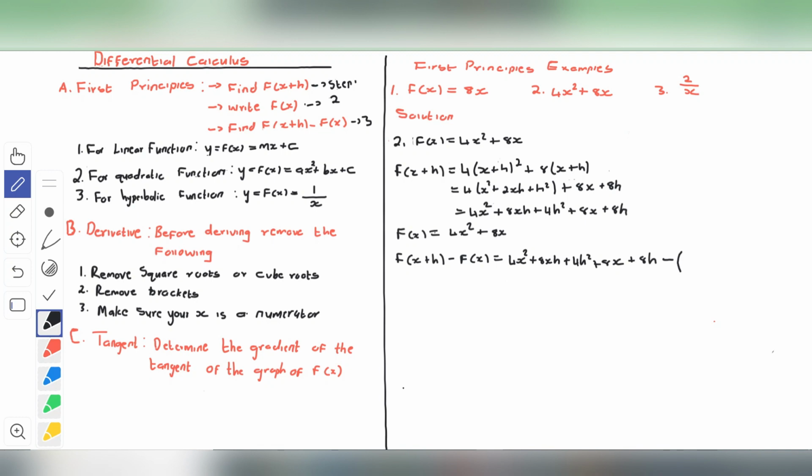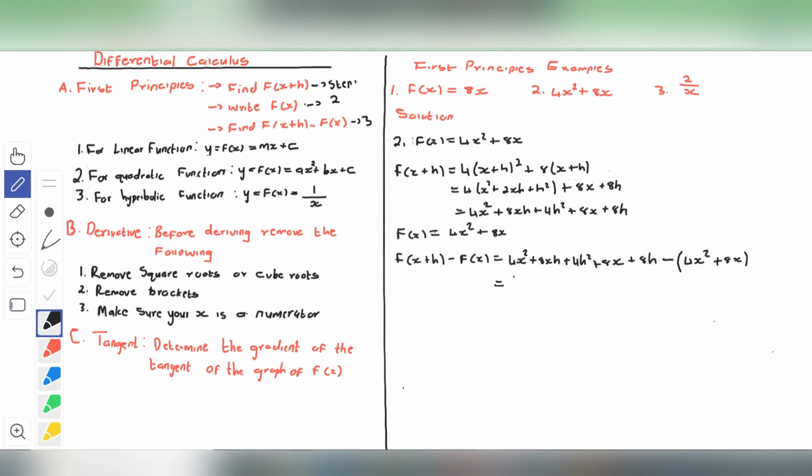Before we can write the values of f of x, we need to open a bracket, right? So after opening a bracket, we can now put the values that we have for f of x. We can see that this equation is 4x squared plus 8x, right? So guys, it's very important to put this negative. After putting this negative, you open a bracket. Always make sure that you don't forget that.